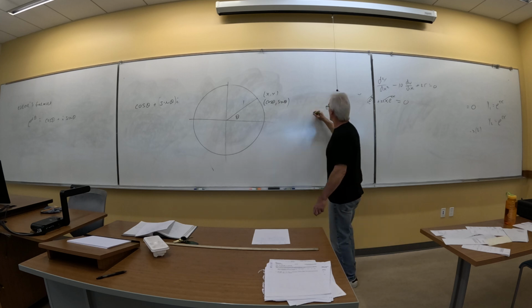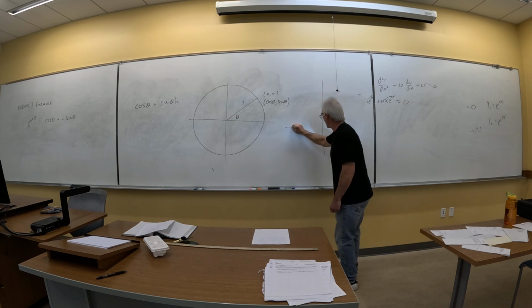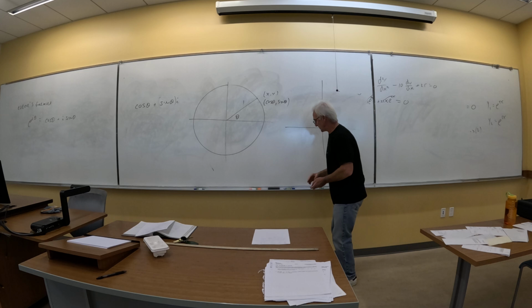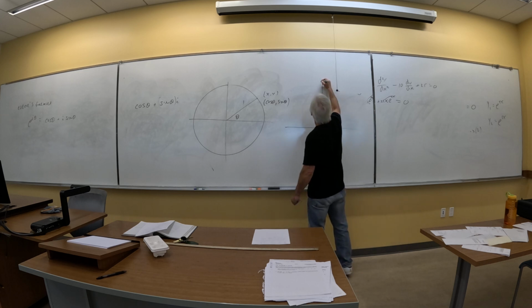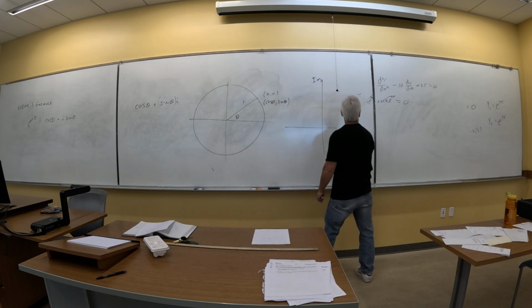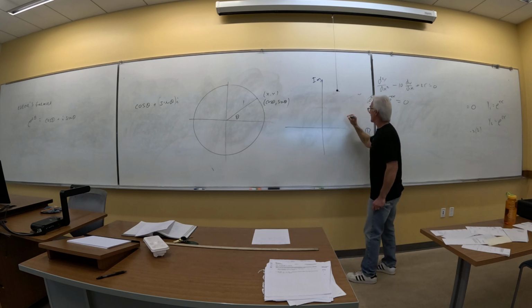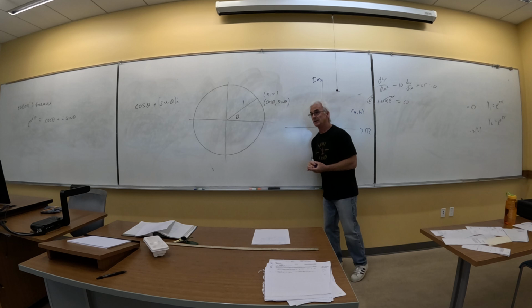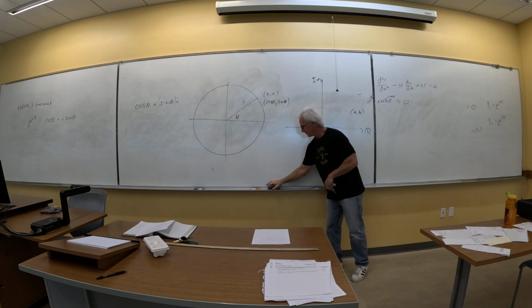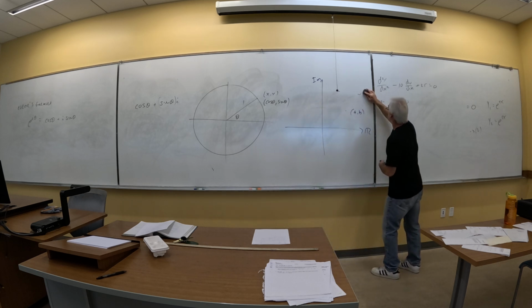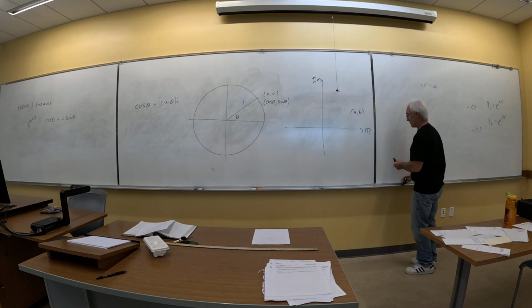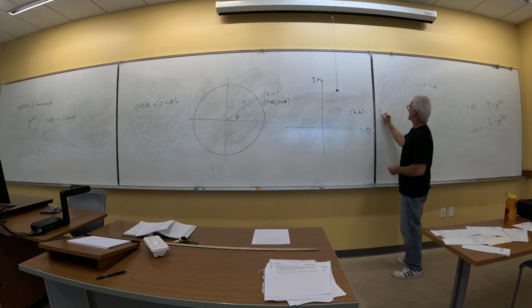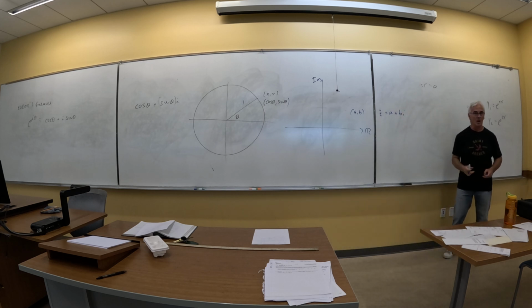Maybe you've been exposed to this: this is the imaginary axis, this is the real axis. Every point out here represents a unique complex number. What complex number is represented by the point a, b? That's the complex number that's represented on the complex plane.